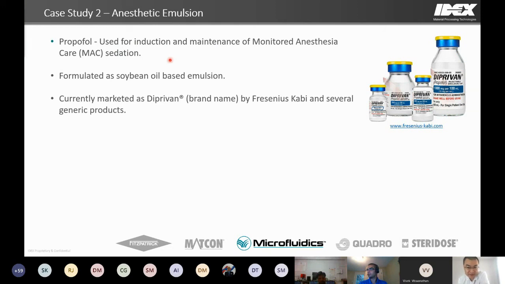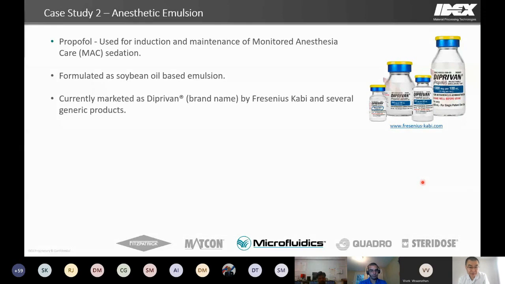The propofol demand has actually increased recently during the COVID-19 pandemic due to increased requirements for sedatives for ventilated patients. Propofol emulsion is formulated with soybean oil as the carrier oil and is currently available on the market as Diprivan, which is the brand name marketed by Fresenius Kabi. And there are also several generic versions available as well.